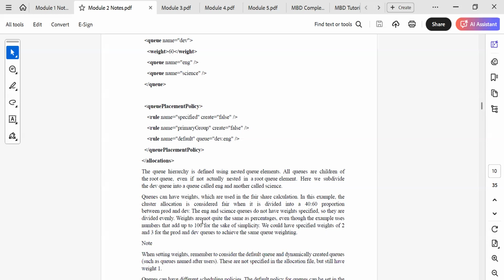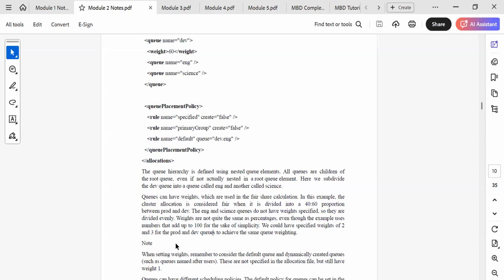The English and science queues do not have a weight specified, so they are divided evenly. Weights are not quite the same as percentages, even though the example uses numbers that add up to 100 for the sake of simplicity.